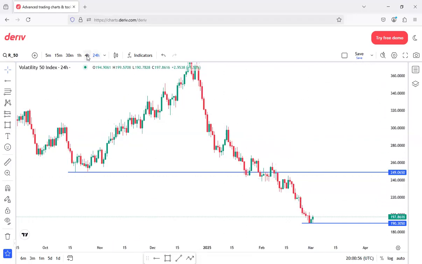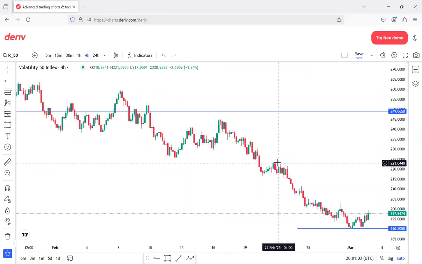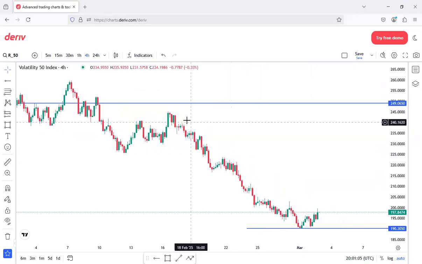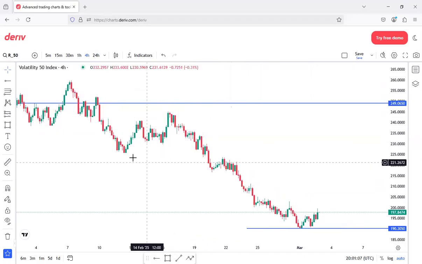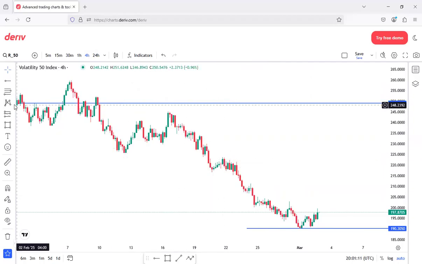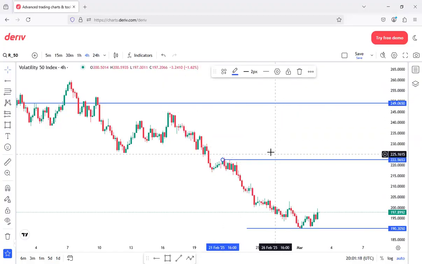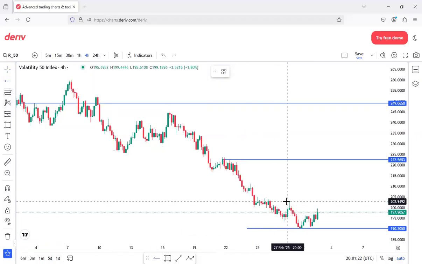Let's go down to the 4 hours time frame to see what's happening. The 4 hours time frame is telling us that this low was broken and then price went down, and this high was created here. And if this high is taken out, you put this high, so let's say this is a high also.